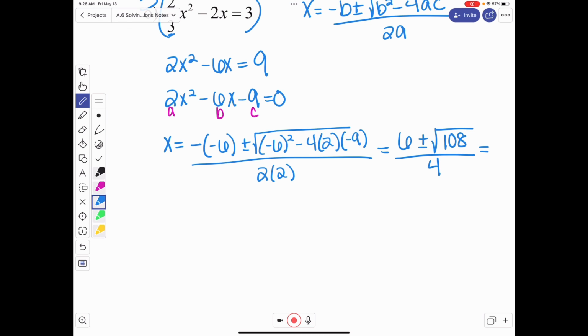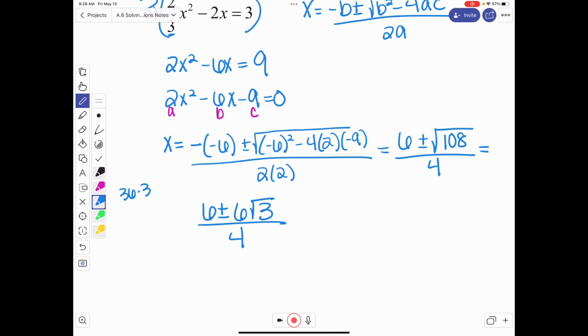Now, when I simplify 108, I've got to think of two numbers that multiply to be 108, where one of them is a perfect square. So that is 36 times 3. The square root of 36 is 6. 3 stays in the radical. All right, and then that's over 4.